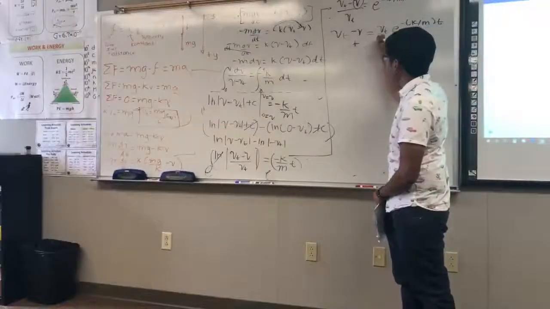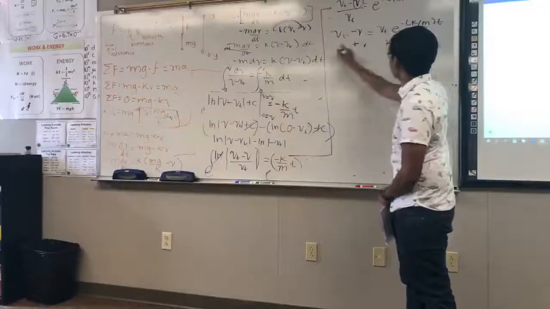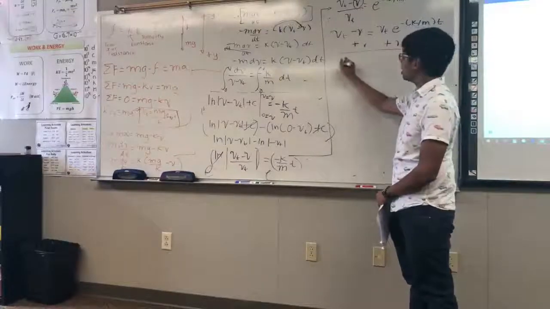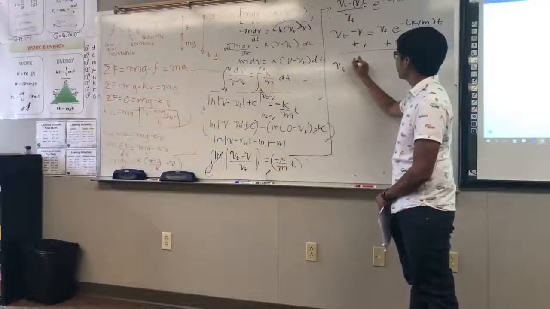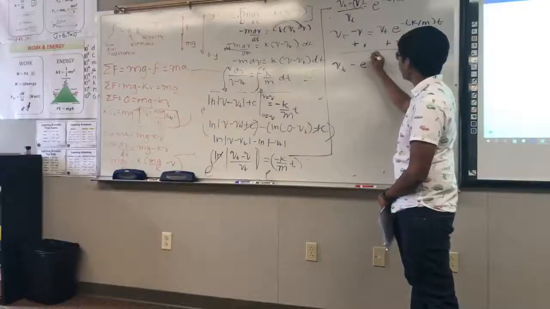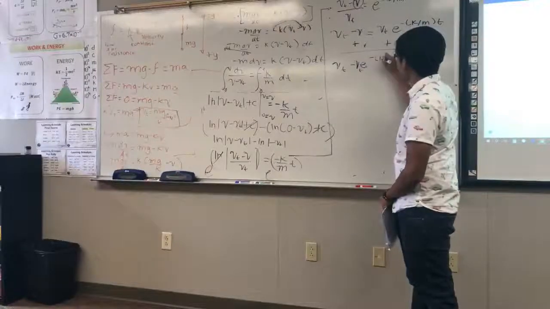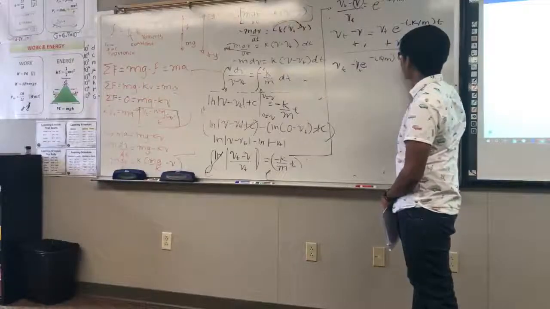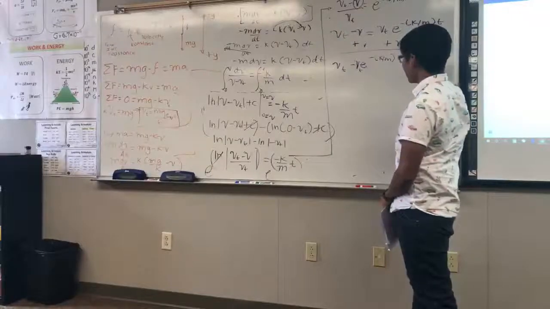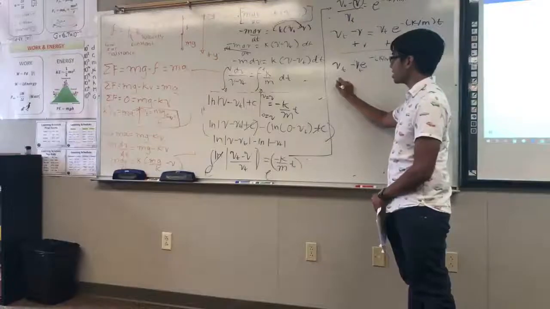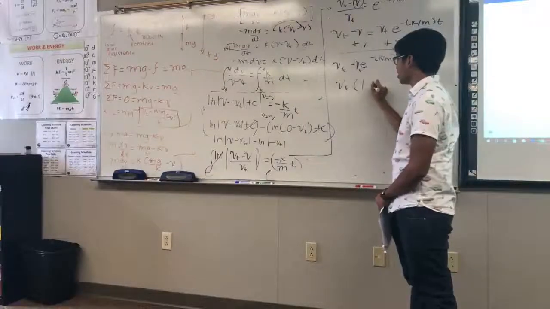I can add v to both sides of the equation and subtract this to that side. So we'll have vt minus vt e to the minus k over m times t, and that is equal to v. Since these are the same, you just factor it out.